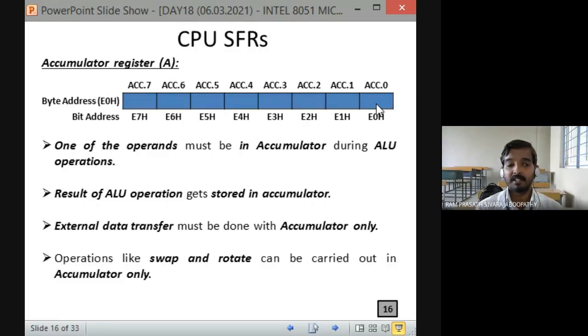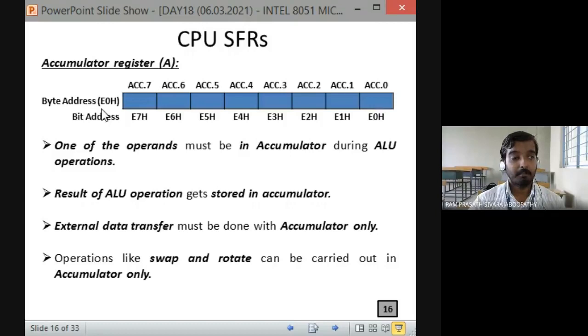That means it is register specific. These two operations can be carried out only in the accumulator, not in any other register. So these are the special capabilities of the accumulator register here in 8051. Is it clear to all of you?